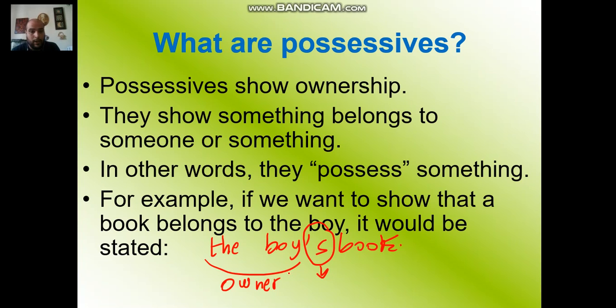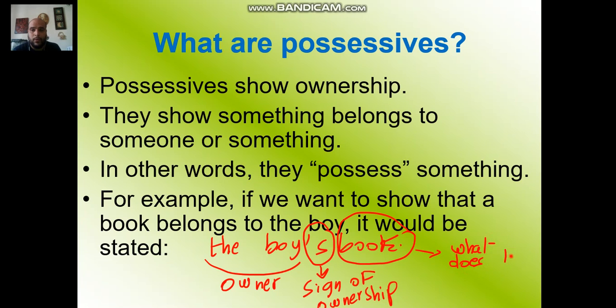The owner, then the sign of ownership, then what does he own? That's the rule. It's a rule, just like math. So it's owner, sign of ownership, and what does he own? As easy as that.